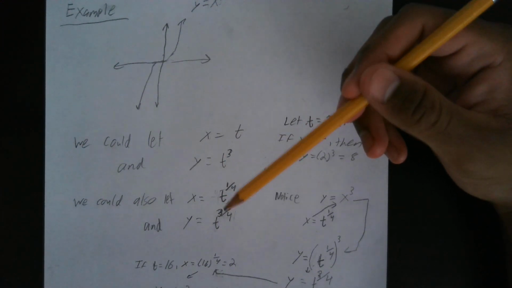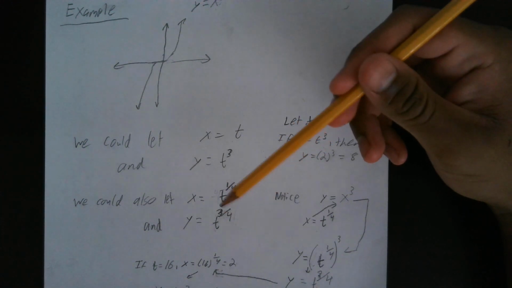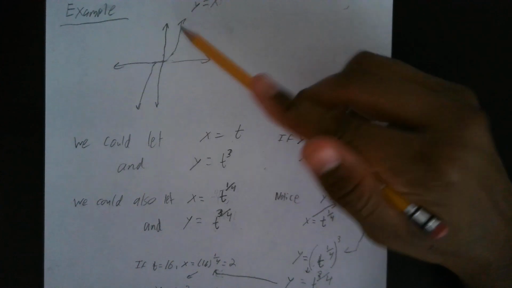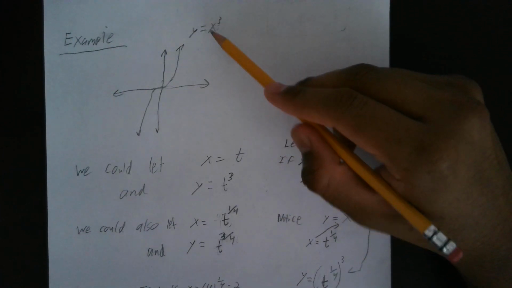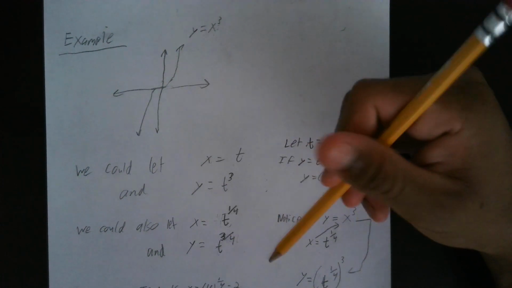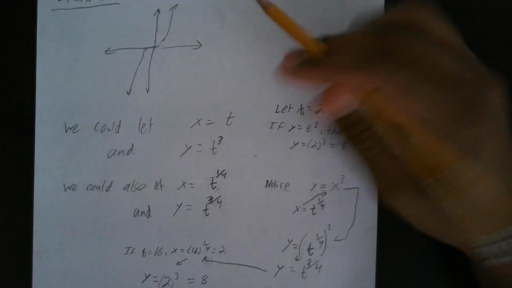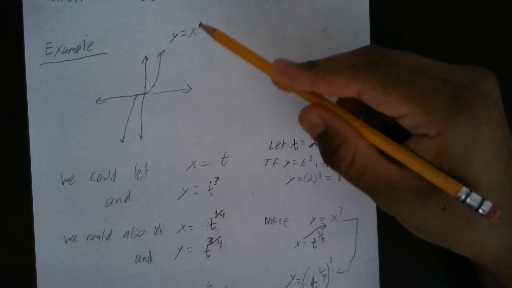We could also let x be equal to t to the 1/4, and then if we sub in t to the 1/4 right here, we'd get y equals t to the 3/4. This is just another way of defining this.